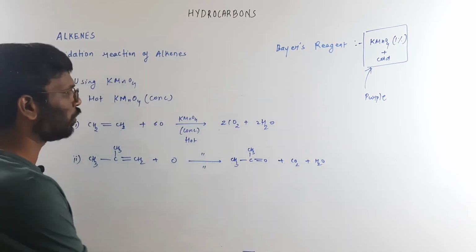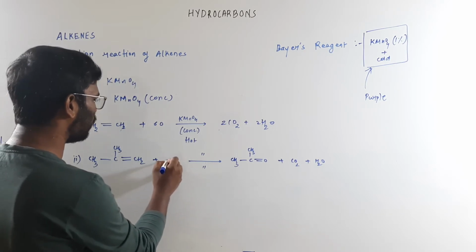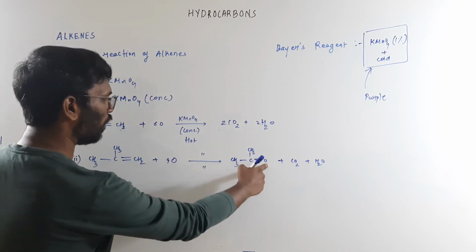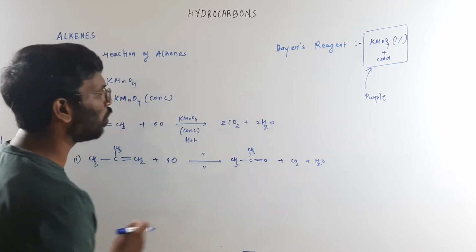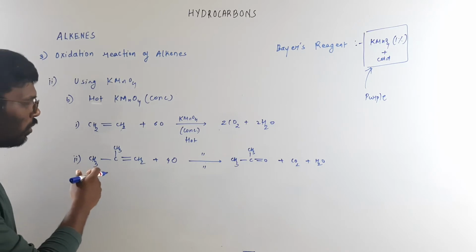Then to balance this, I'll put 4, 1, 2, 3, 4. This is the only balancing part I feel. The rest of the hydrogens are balanced.